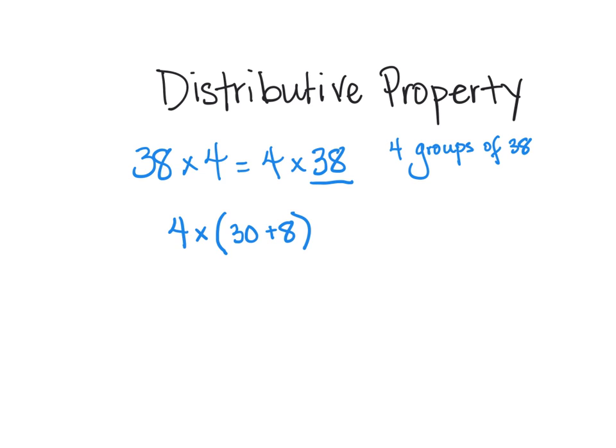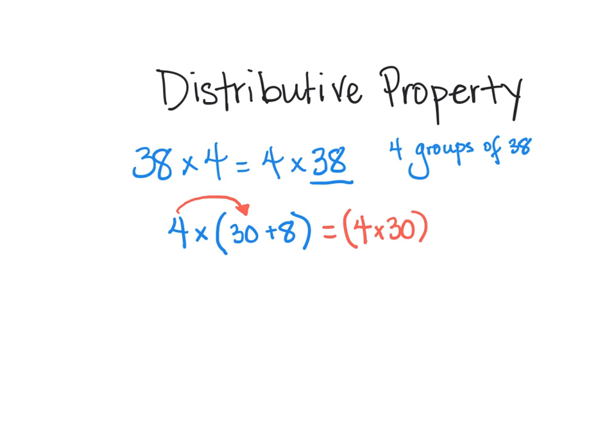Now, watch what I do here, because you're going to do this mentally, fourth graders. I'm going to put an arrow and say I have 4 groups of 30, which equals 4 times 30.